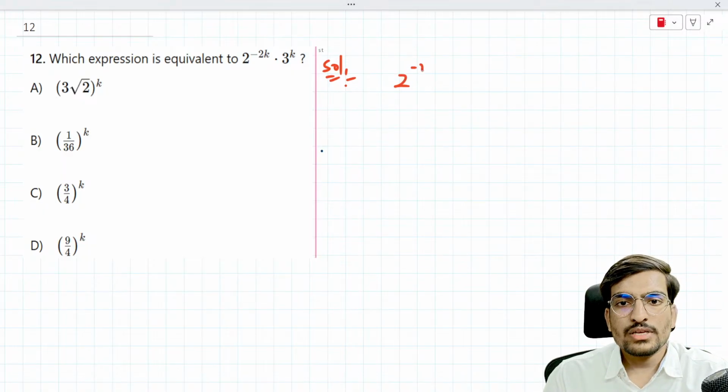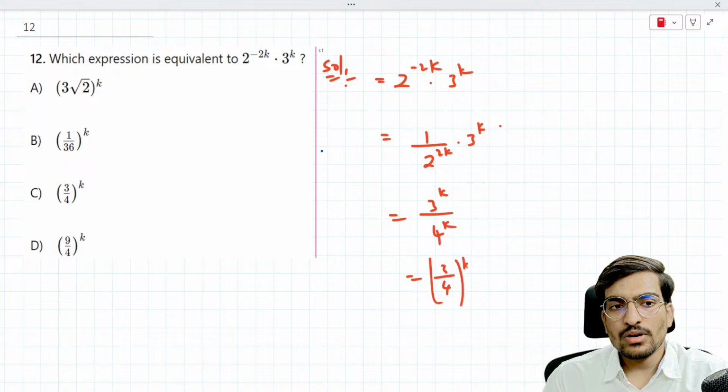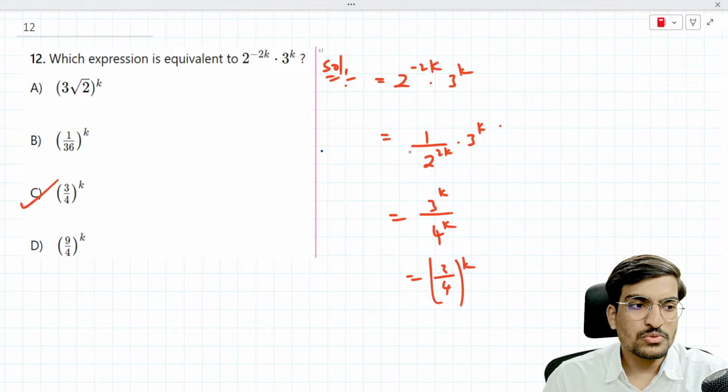So 2 raised to the power of negative 2k, 3 raised to the power of k. First, 2 to the negative 2k becomes 1 by 2 raised to the power of 2k, and 3 raised to the power of k. So 3 raised to the power of k over 2 squared, which is 4 to the power of k, that is 3 by 4 whole raised to the power of k. Yes, it is true. It's option C.